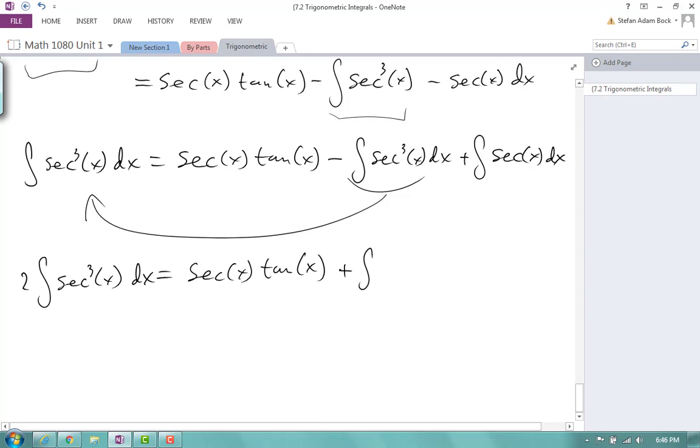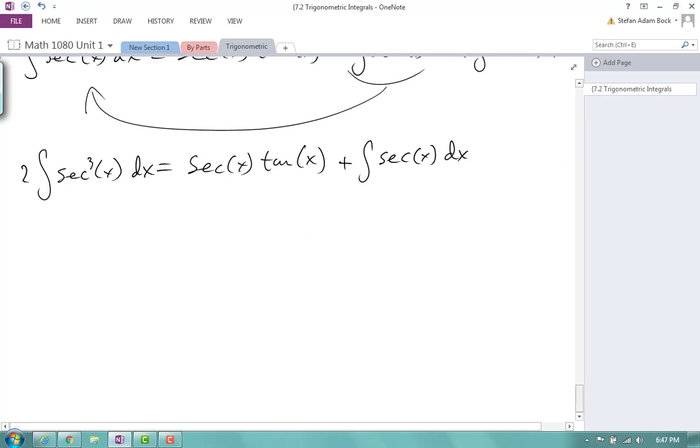So how do I handle the integral of secant? Well, technically that's a u substitution. What I'm going to do is multiply and divide by just the right thing to make everything work out.